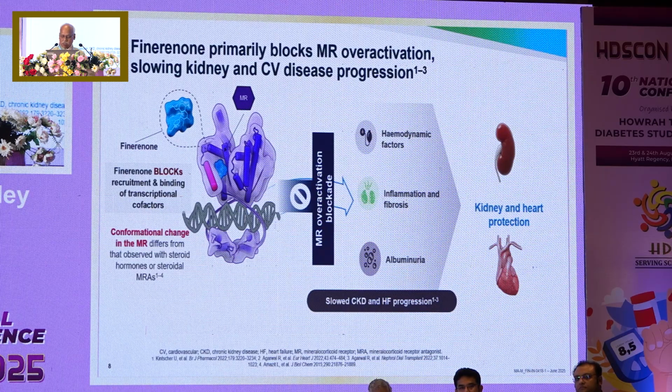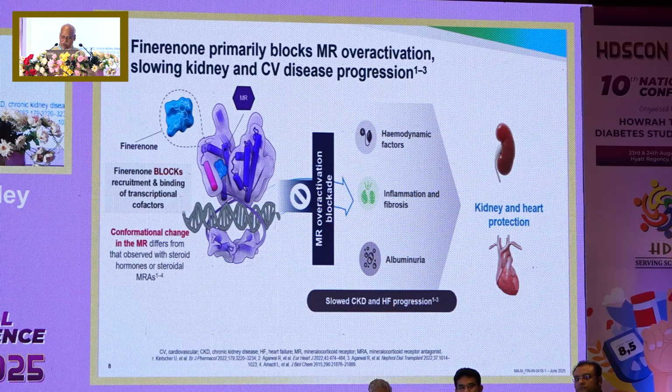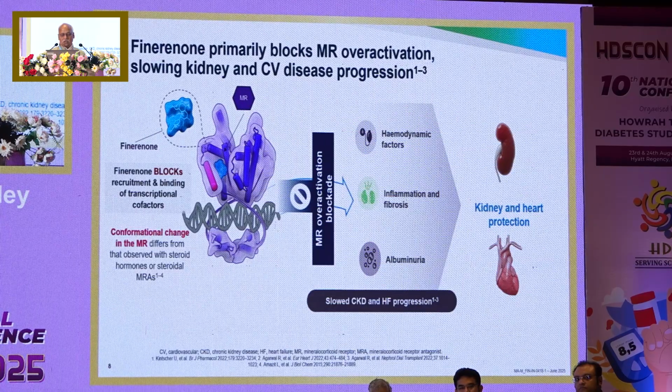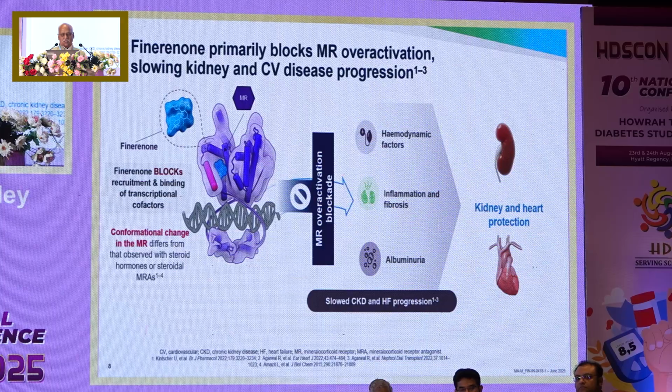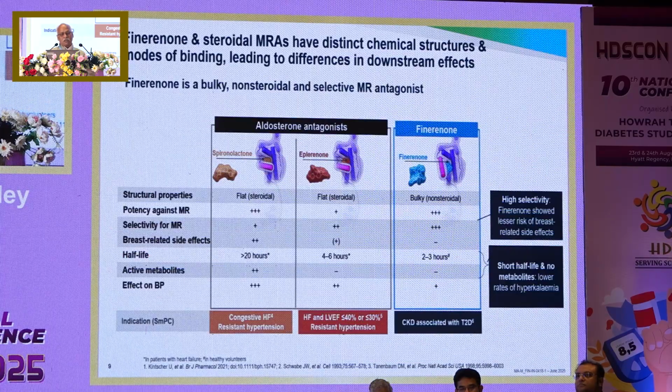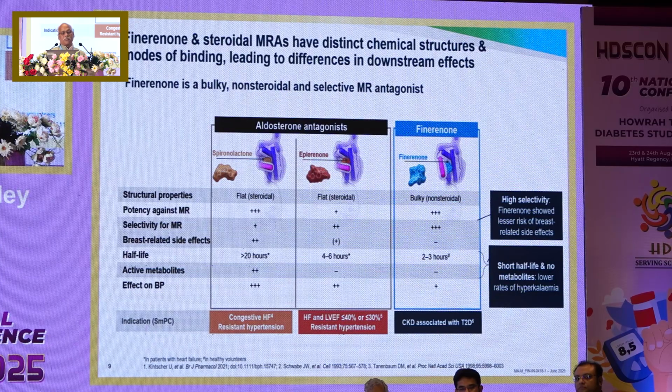There are various mechanisms, from reducing fibrosis and inflammation, leading to lower intraglomerular pressure, as well as various unknown features we are still evolving. It's not one mechanism by which preventing MR overactivation leads to a clinical outcome.